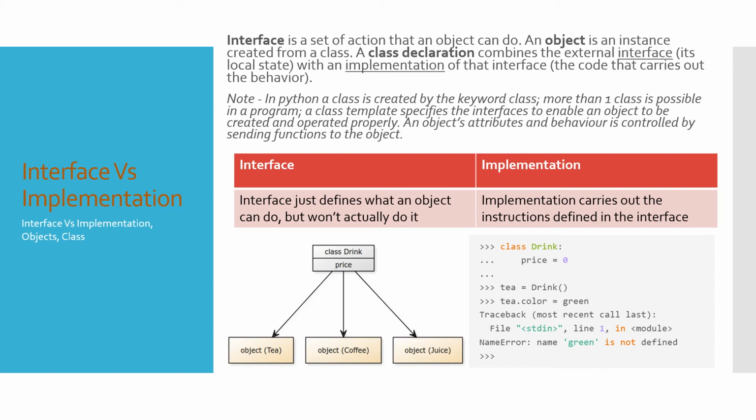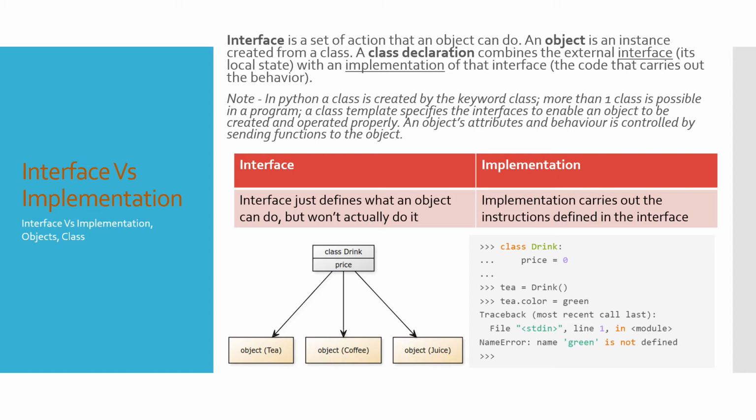Normally in Python, a class is created by the keyword class, because more than one class is possible in a program. And a class template specifies the interfaces to enable an object to be created and operated properly. In the example, you can see when I say class drink, it's a unique class.